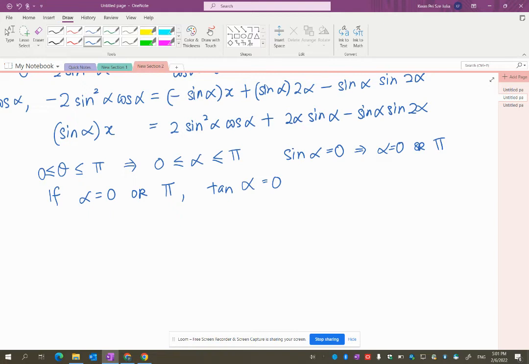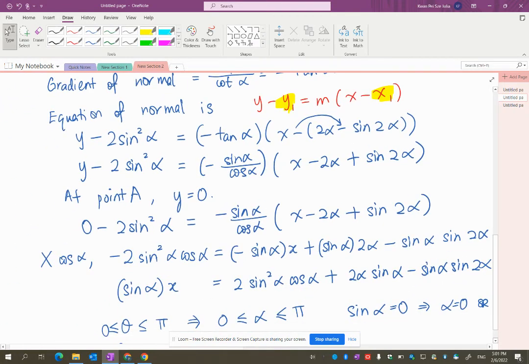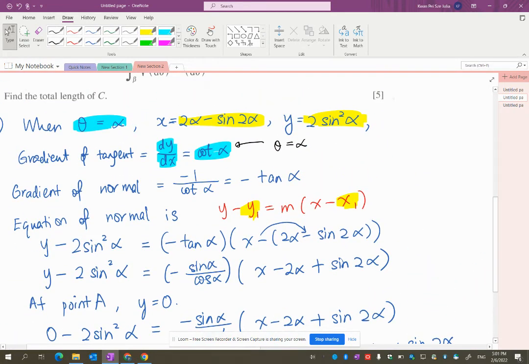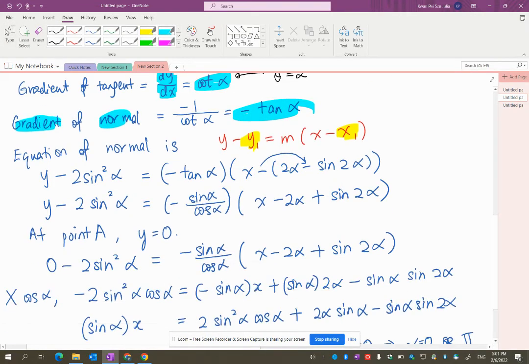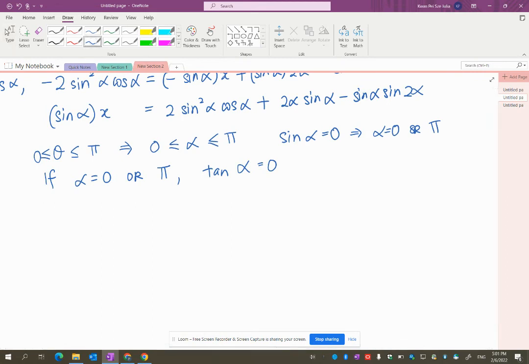Recall that the gradient of the tangent is cotangent alpha. Maybe we look at the gradient of the normal, since this question talks about the normal. The gradient of the normal is minus tangent alpha. So if tangent alpha is 0, the gradient of the normal is minus 0, so it's 0.